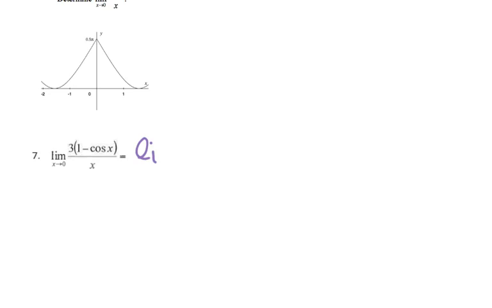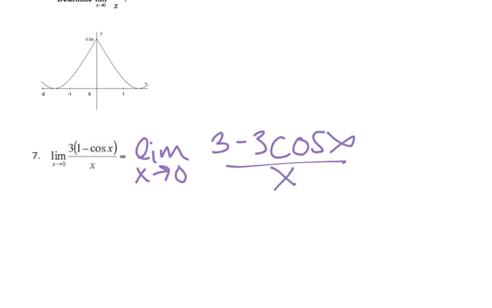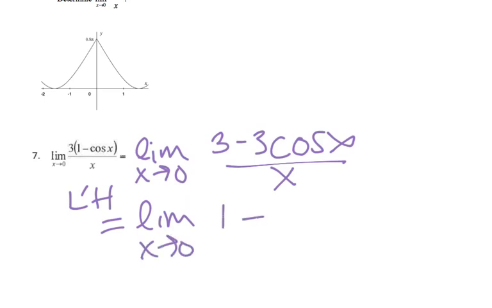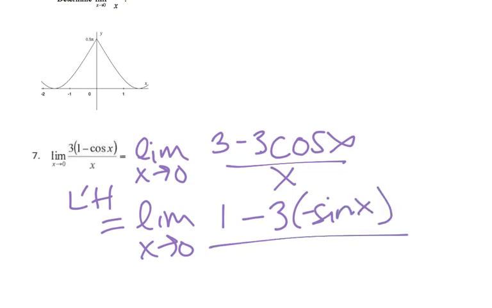So if we plugged in 0, we would get 0 over 0 in indeterminate form. So let's rewrite this as 3 minus 3 cosine of x over x. Since we're going to use L'Hopital's rule, we take the limit of the derivatives. So this is 1 minus 3 times the derivative of cosine. The derivative of cosine is negative sine of x. And the derivative of x is 1.